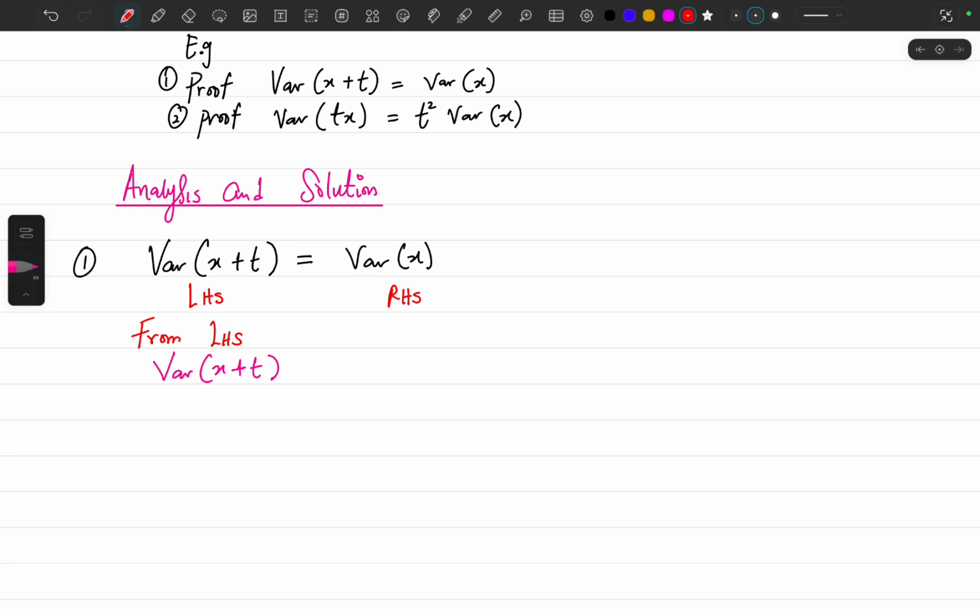For a typical variance, the variance of, let's say, y equals the expected value of y square minus the square of the expected value of y. You remember this pretty much.